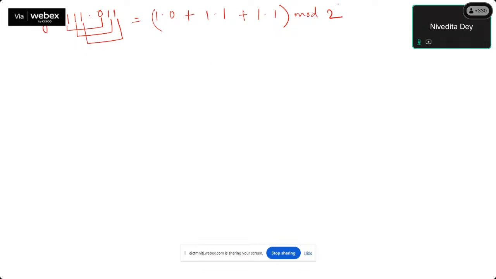That is, the answer can be either 0 or 1, that is modulo division by 2. So this is 0, 1, 1, so this is 2 mod 2. And what is the remainder here? It is 0, right? Because 2 divides 2, so the remainder is 0.